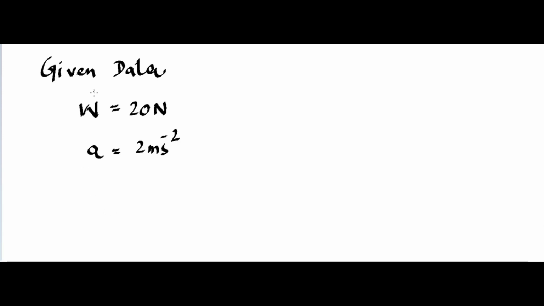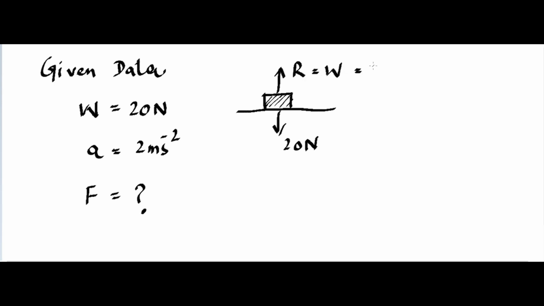To move the object in the upward direction having a weight of 20 Newton, how much force is required? Consider this box as an object whose weight is 20 Newton. The weight is acting in the downward direction and the reaction force on this object is acting in the upward direction, R, that is equals to the weight of the object, which is equals to the 20 Newton. Now we have to calculate the additional force with which we move this object in the upward direction with an acceleration of 2 meter per second square.